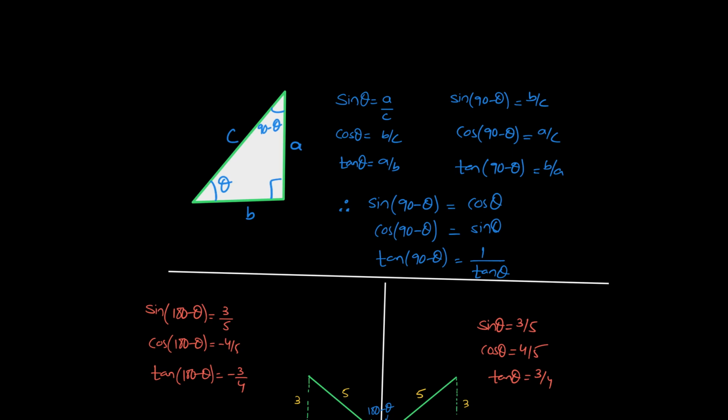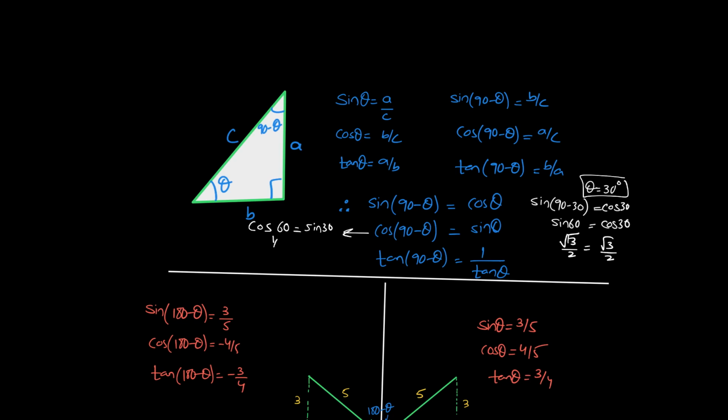For example, theta is 30 degrees. Sine 90 minus 30 is equal to cos 30. Sine 90 minus 30 is sine 60, which equals cos 30. Sine 60 is root 3 over 2 and cos 30 is also root 3 over 2. Similarly, if theta is the same 30 degrees, cos 90 minus 30 is cos 60 and that equals sine 30.